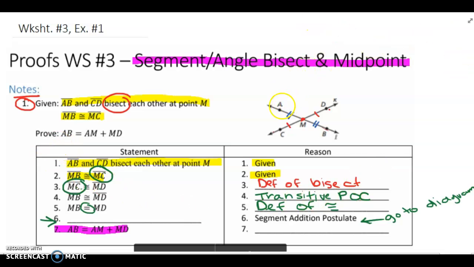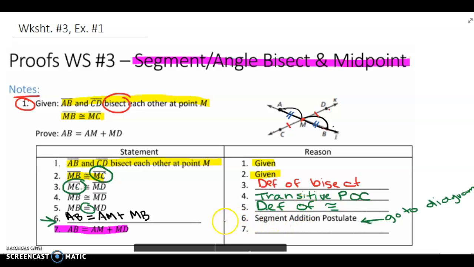Okay, so if I look here, AB, which is right here, I can say AB equals, well, it's AM plus MB. That's the segment addition postulate.